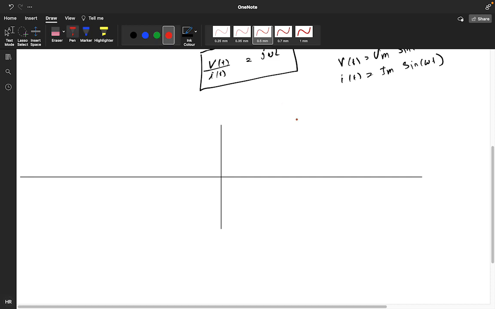So how will the figure be? I of t is equal to Im sine omega t. You are assuming this as a function of omega t. This is your I of t function. How will the graph look like, sine omega t.